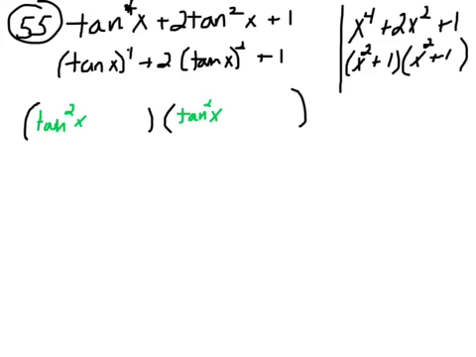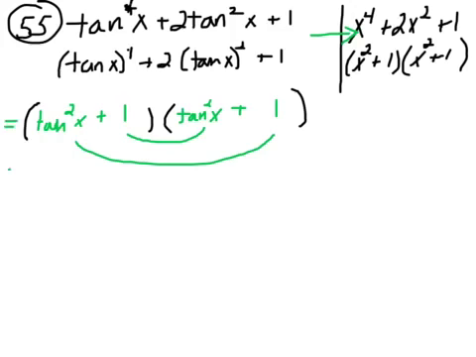And if I think about this problem being a lot like this one over here, 1 times 1 is 1, and if you look at your middle terms, this would be 1 tangent squared x plus another tangent squared x, which gives me 2 tangent squared x. We can talk more about this in class. We've done stuff like this before. I just want you to notice it's a similar thing.